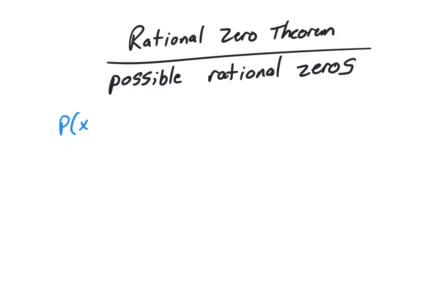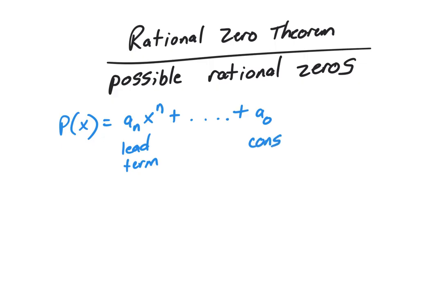So I'm going to give you the generic form of an equation here. This is our leading term. Last week we talked about putting our polynomial in standard form, so the leading term is the term out in front, and then a sub 0 is what we call the constant. It's the one thing that doesn't have an x attached to it.